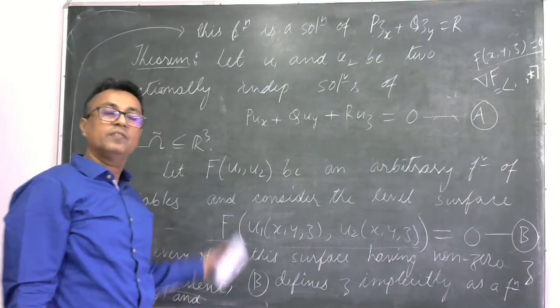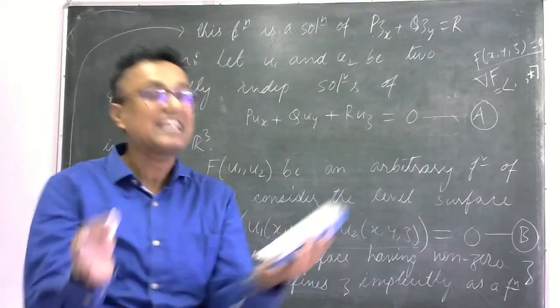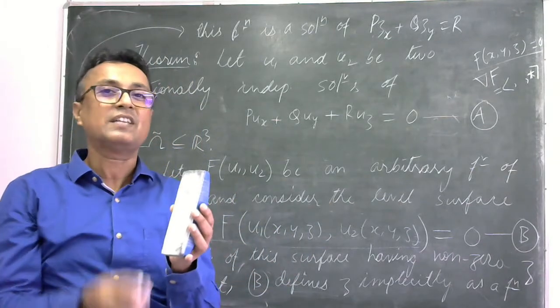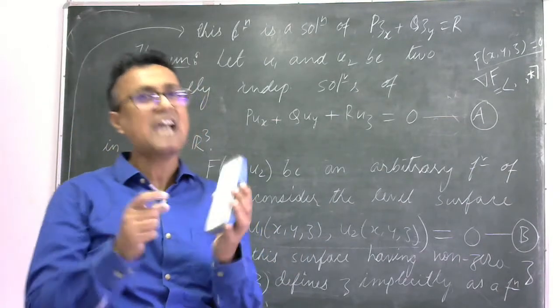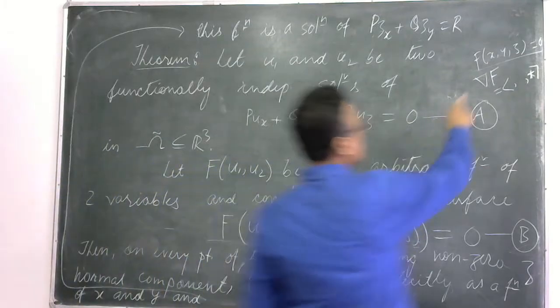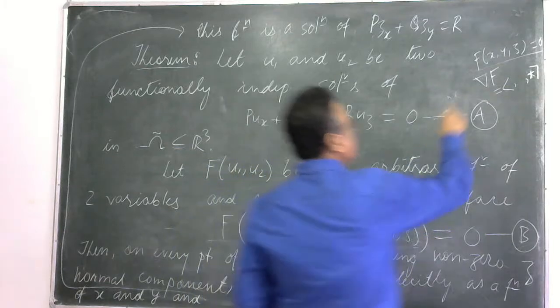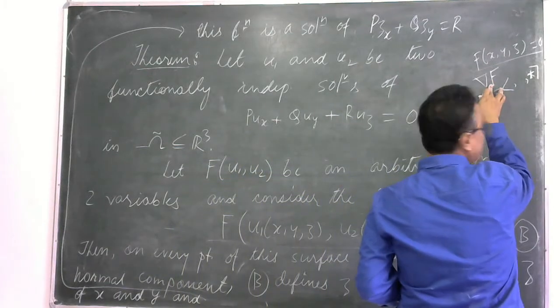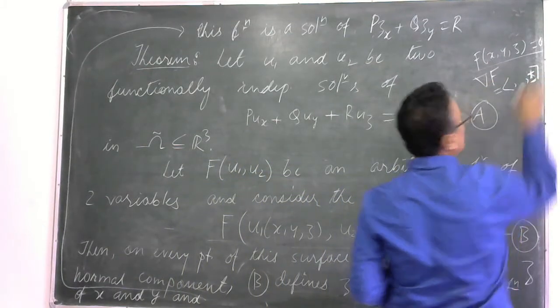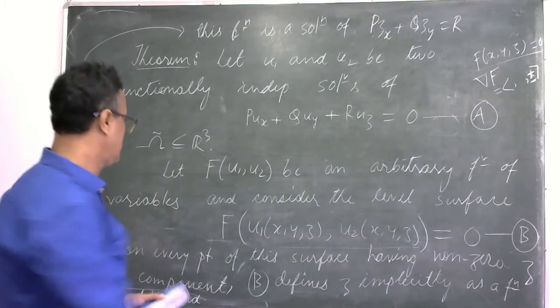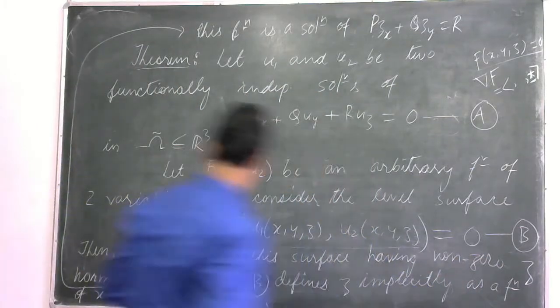Fine. So then on that level surface, at each point, I can have a normal which will be defined by grad f. I am assuming that in that normal vector, the third component is non-zero. That is the meaning of this.